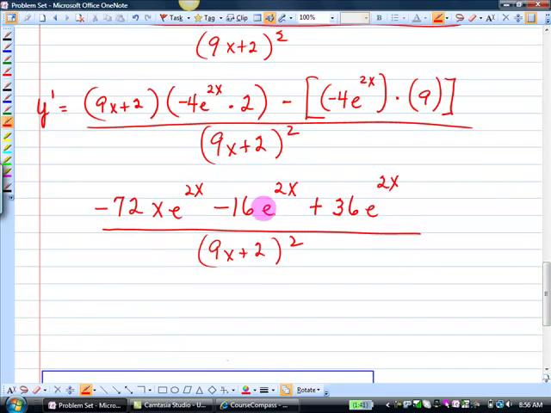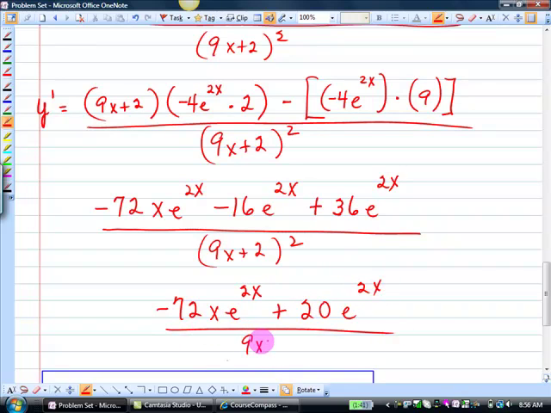These guys are the same base, so negative 72 x e to the 2x plus 20 e to the 2x over that. I used to always forget to write the bottom because I got tired of doing it, and it got me in trouble a couple of times.